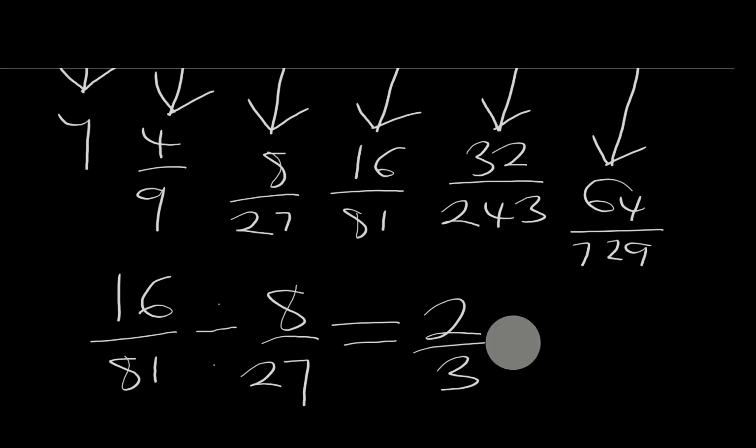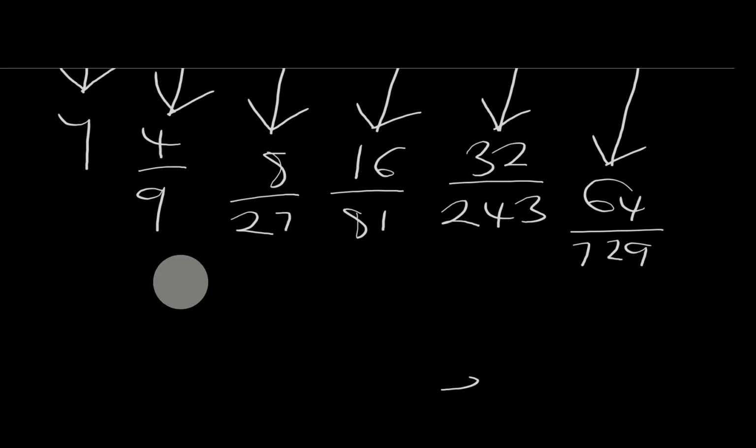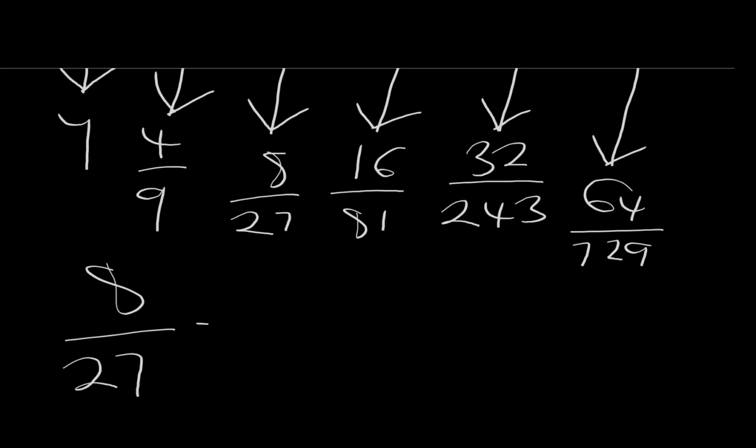Let's go to the next one. That will be 8 divided by 27, and that will be dividing 4 by what? 9. So now I have 8 divided by 27 divided by 4 over 9.